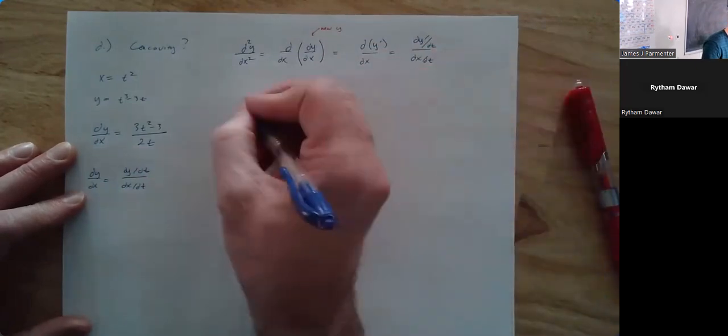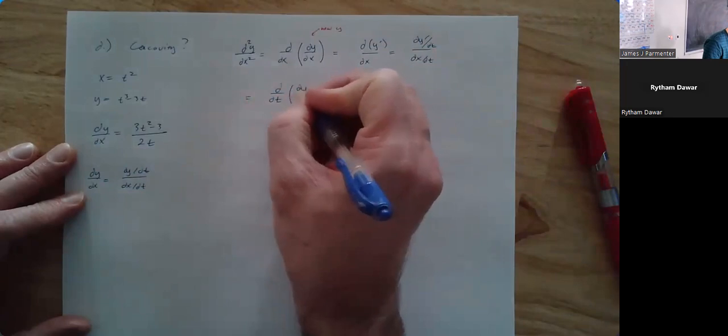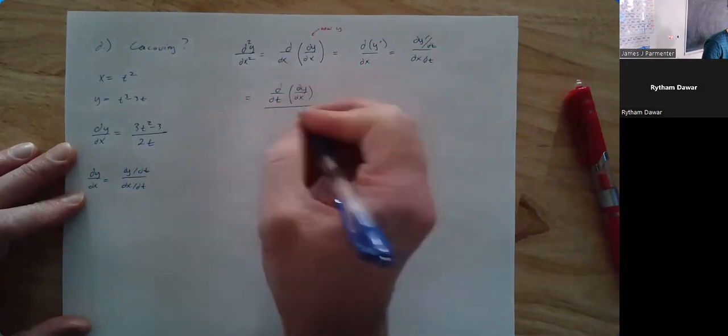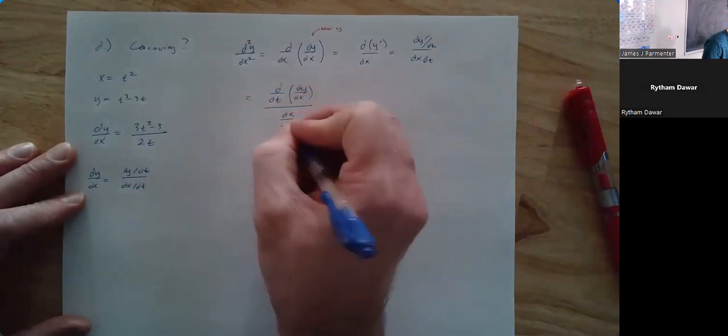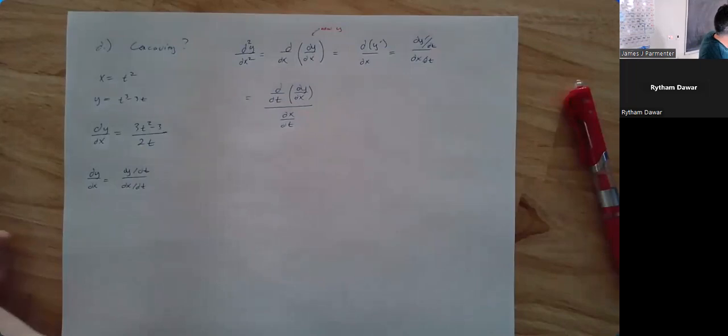Or if you prefer, the derivative with respect to t of the derivative of y with respect to x, over dx/dt. It's kind of funky. It's not maybe exactly what I would have expected as a student the first time around, but it's exactly what we get. You can do more of a chain rule kind of thing again, but it's really the same idea as what we did before.